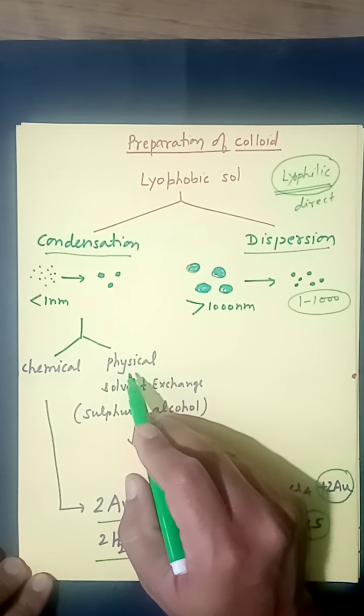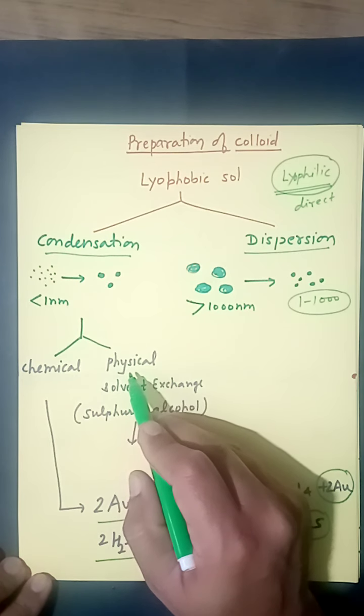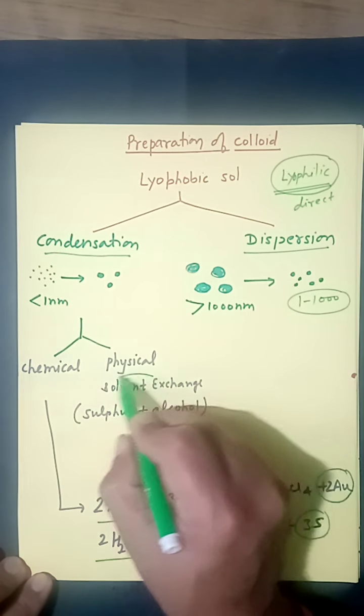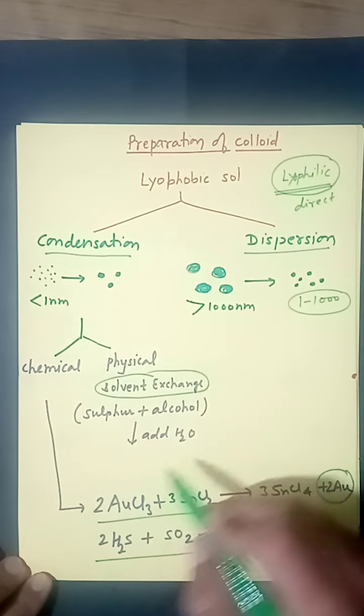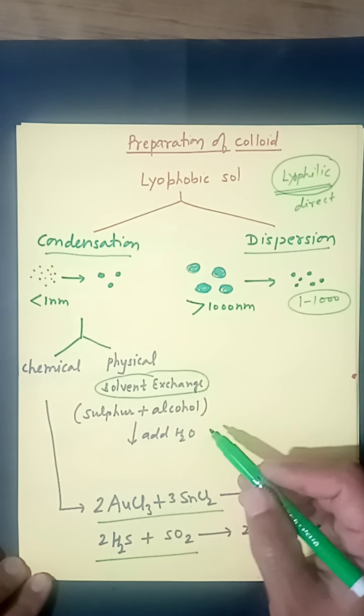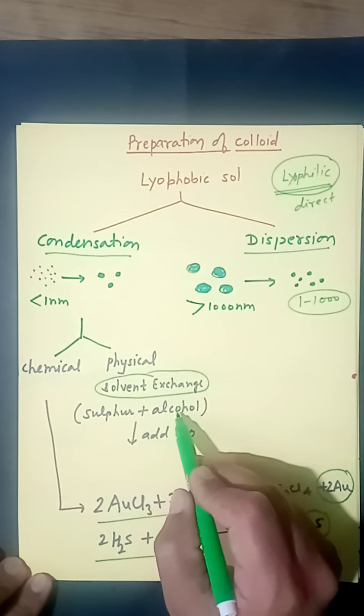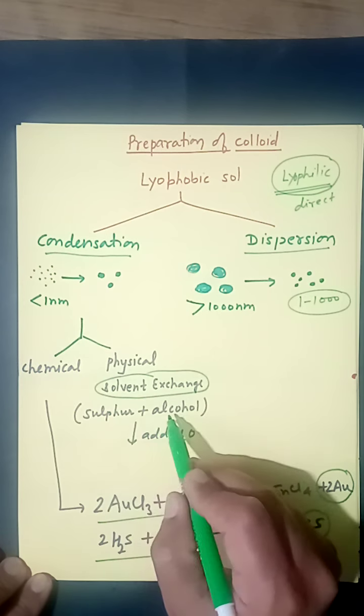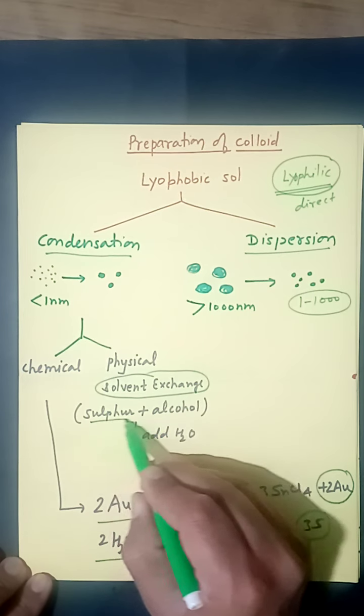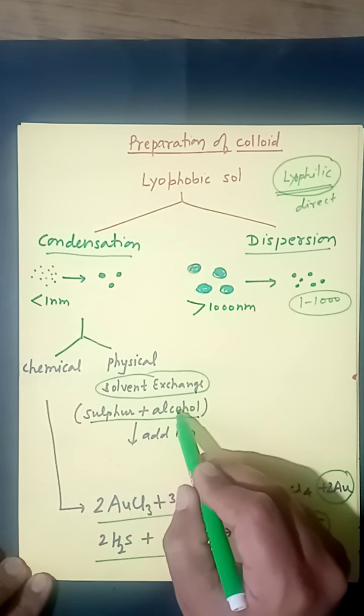Now another way in condensation is the physical method. In physical method, there is only one method as per our syllabus. It is solvent exchange. Here we prepare a true solution of sulfur and alcohol. Sulfur is soluble in alcohol, so you prepare a solution of sulfur and alcohol.